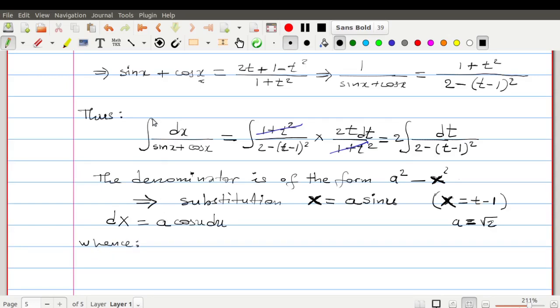whence this integral dx by sine x plus cosine x will be equal to, so you have the 2 here, then the integral dt, okay, here we have our dx.